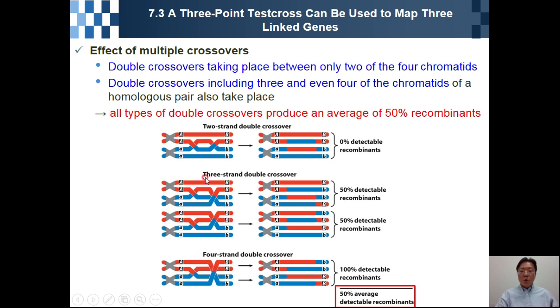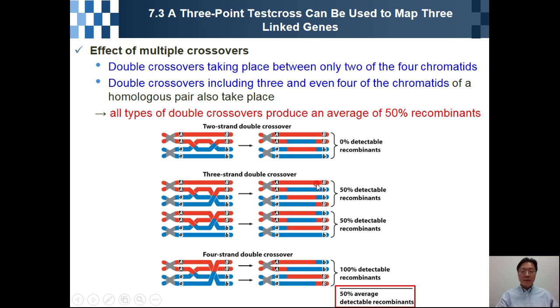When the double crossover happens in 3 strands, initially it was large A, large B, large A, large B, small a, small b, small a, small b, but the genotype after the 3-strand double crossover is large A, large B, and small a, small b, but also large A, small b, and small a, large b.